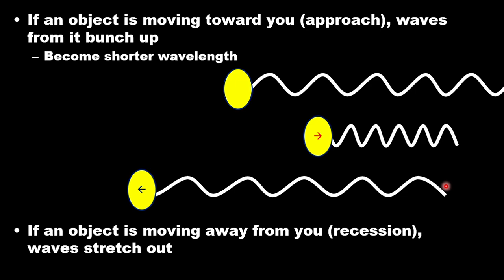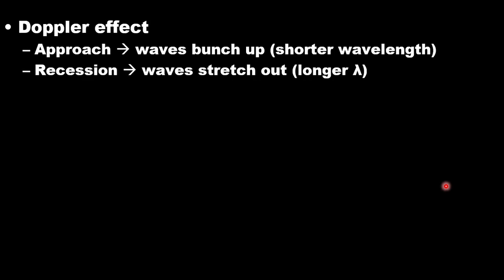So how much of this Doppler effect there is will give you an indication of how fast the object is moving, and whether the waves are bunched up or stretched out tells you whether the object is moving towards you or away from you. We see this effect in anything that emits waves. An approach causes waves to bunch up, giving you a shorter wavelength. A recession causes the waves to stretch out, giving you a longer wavelength.